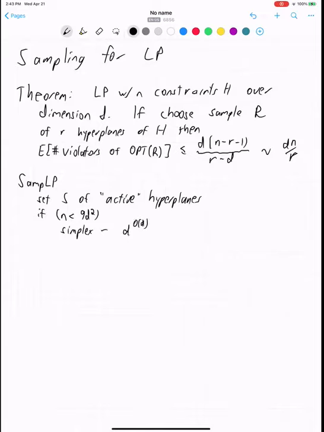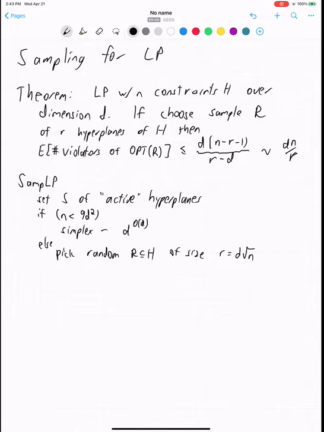In this case, it's exponential in d, but n is less than d squared. Otherwise, we would pick our R of size d squared root n. That's our R.